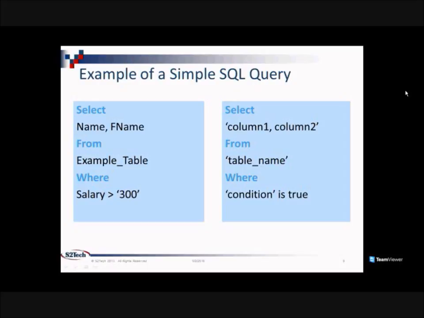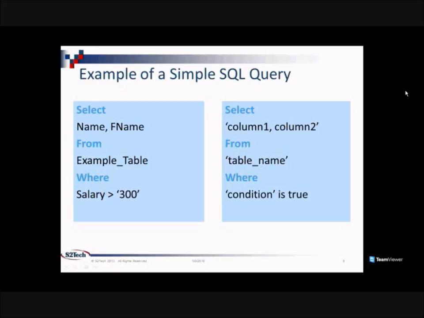Now this slide shows an example of a simple SQL query using the data from that example table that we just looked at. So the box on the right is basically giving you the structure of that query. So in the select statement, I would have my column 1 name, and maybe my column 2 name, maybe my column 3 name, however many columns of data I wanted retrieved from that table name, whatever that table name is, and then where my condition or restriction is true.